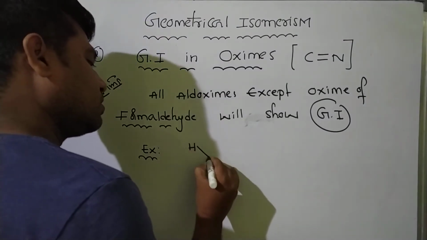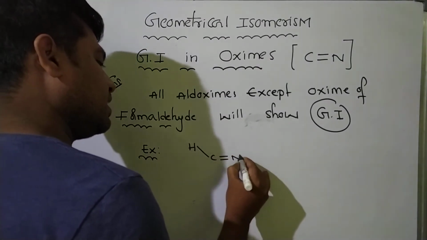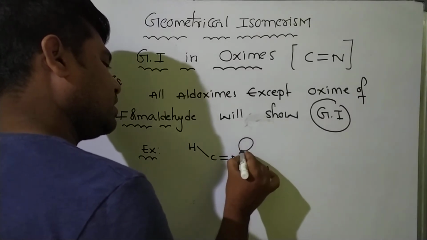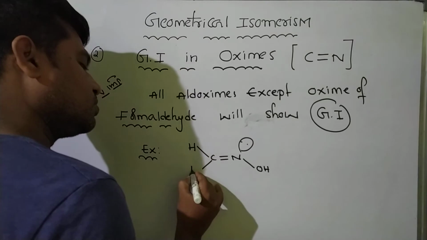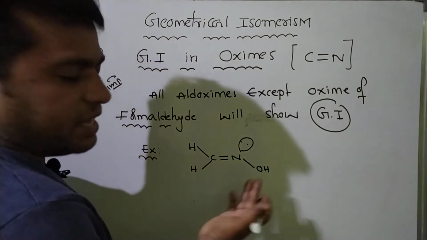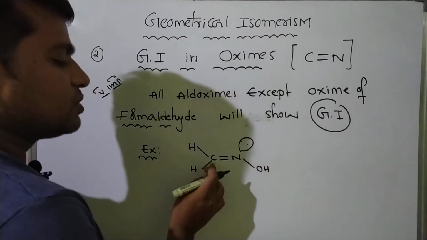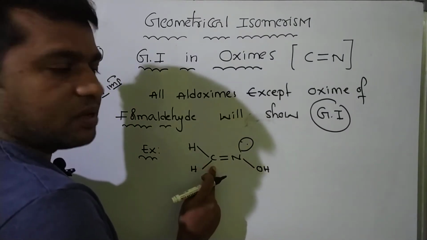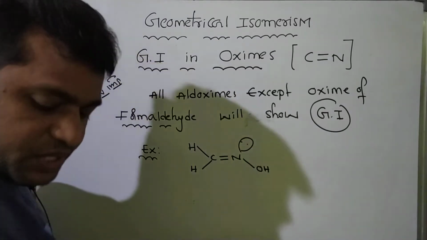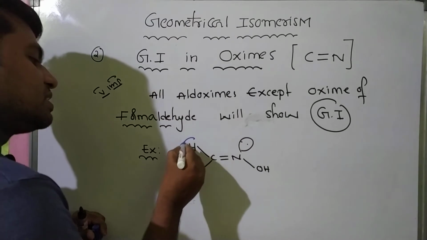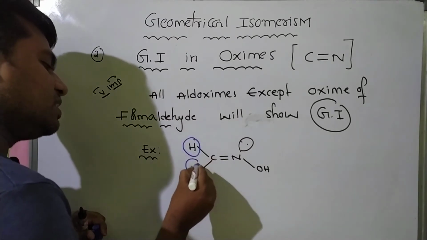H, C double bond N, this is OH, and here a lone pair. Is this an oxime? Yes, it is an oxime, because it came from formaldehyde. Here these two hydrogen atoms are similar, the same hydrogens.